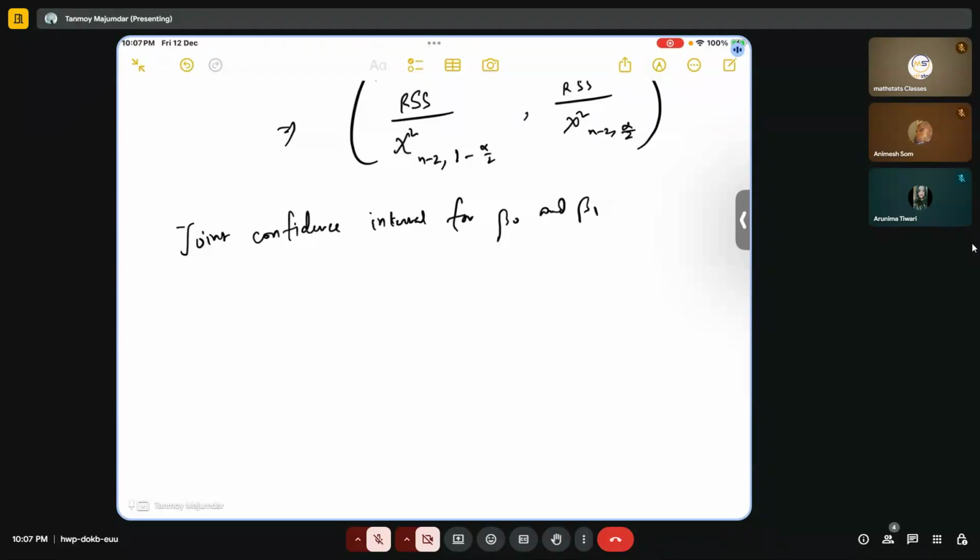That is quite heavy for us actually. I think this is not very much required, but the form I am going to write, just keep it in your mind. So we have b naught minus beta naught divided by sigma square by n, plus b1 minus beta 1 divided by sigma square by sxx.